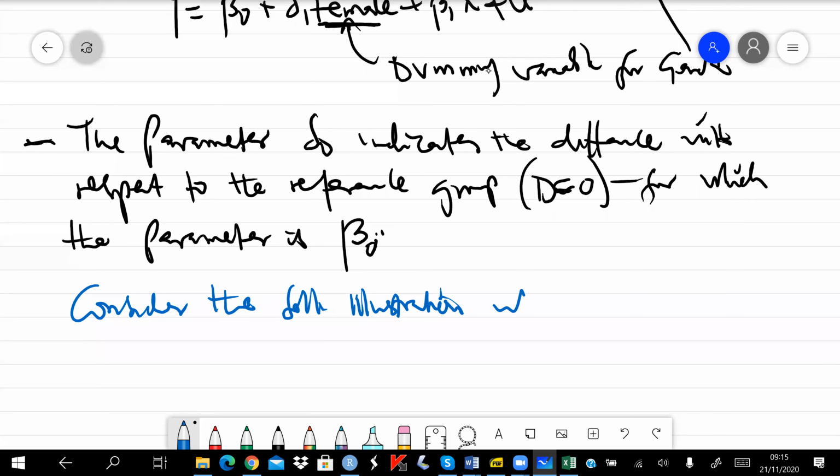Consider the following illustration where gender is modeled with male as the reference category.